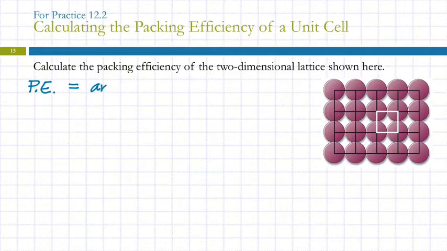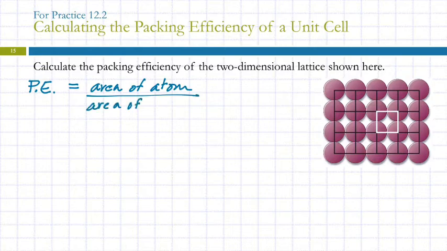It's the area of the atom divided by the area of the unit cell times 100. Part over the whole times 100.